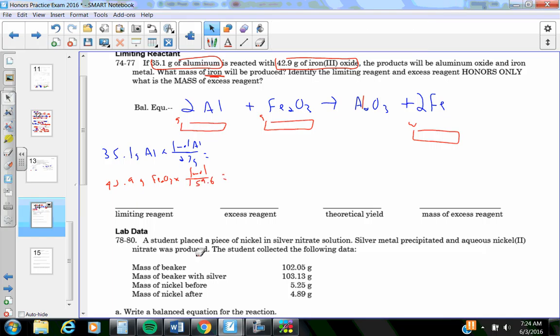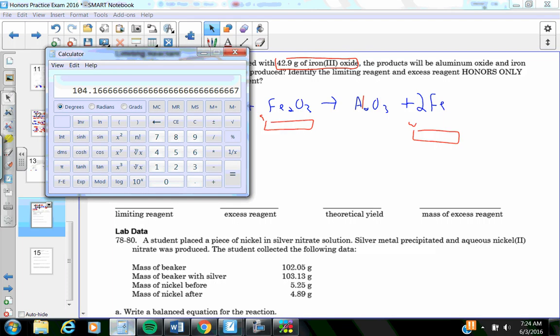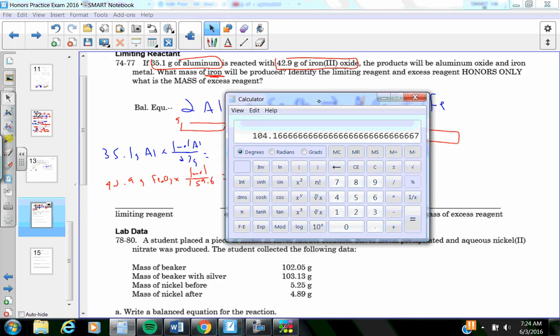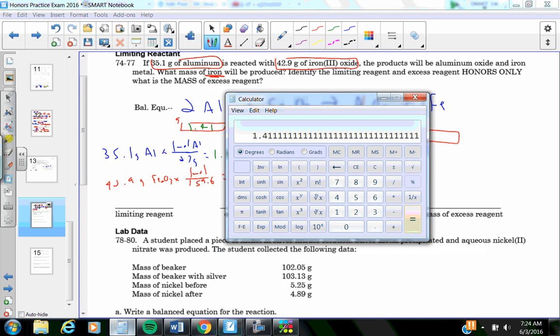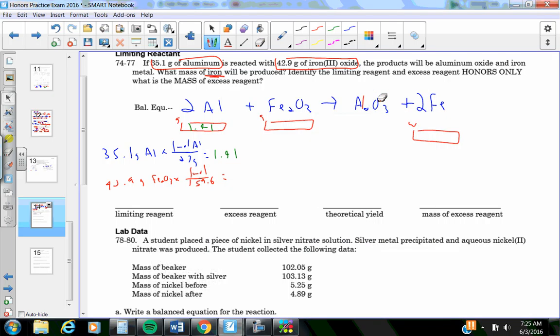So when I do 35.1 divided by 27, I'm going to get 1.41 moles of that. When I do 42.9 divided by 159.6, I'm going to get 0.27. 0.27 moles. That goes here.